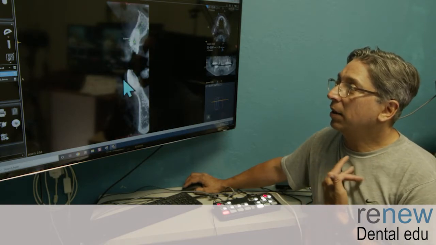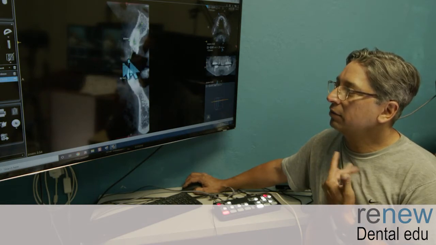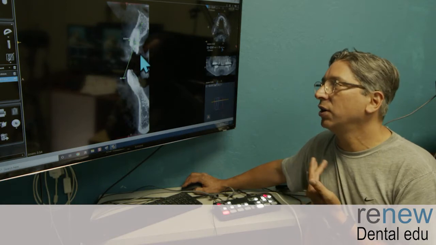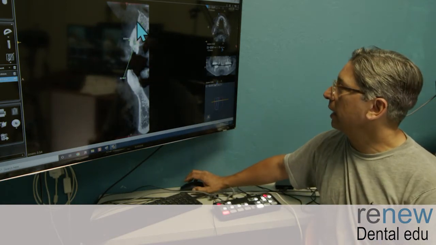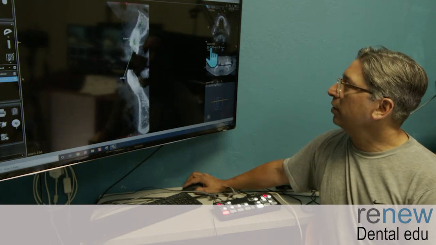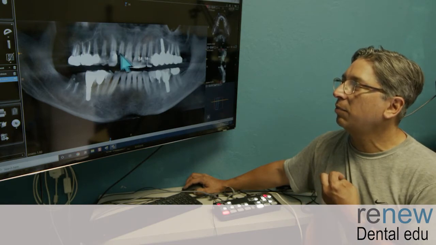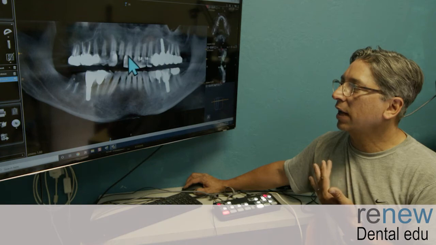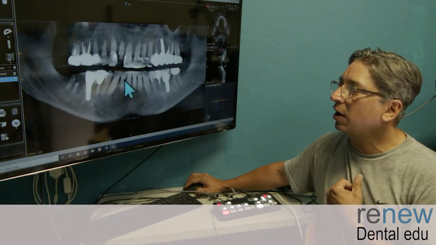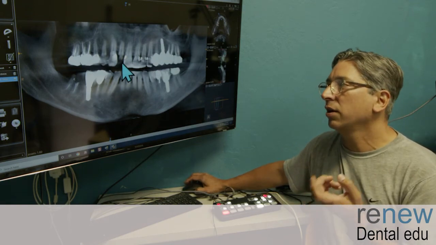So what I like about this case, though, too, is that you have just a basic class 1 situation. You're not dealing with a big flared overjet, overbite, or anything like that. So this is a good case to do if you want to learn about maintaining the gum line here. He already has recession around these teeth in the front. So you don't have to worry too much about talking about tooth elongation.